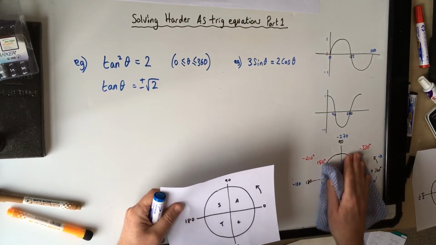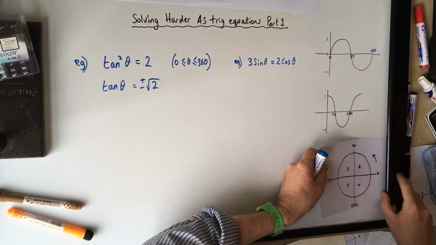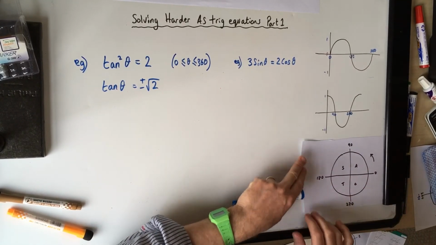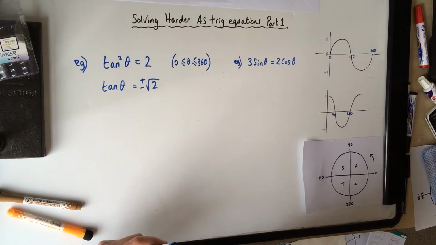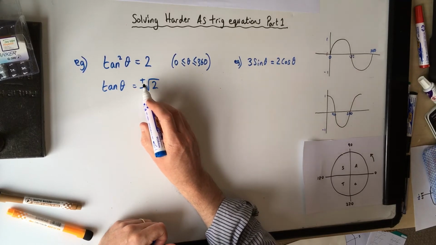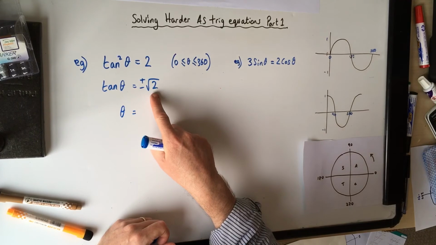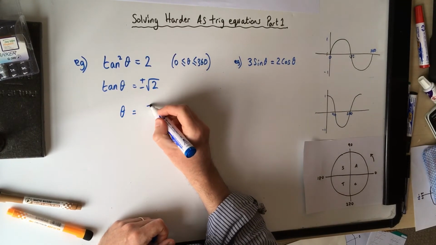Now I've really upped my game. Okay, I've done a CAST wheel ready to save time. So if we look at this one, for plus root 2, if you inverse tan of root 2, you get 54.7 degrees.